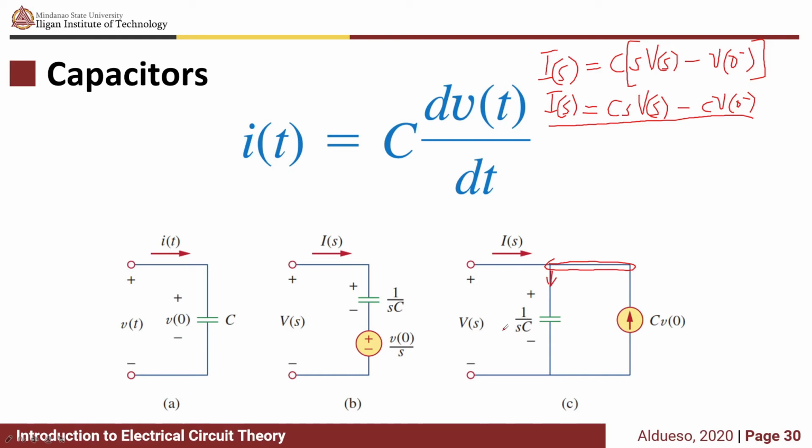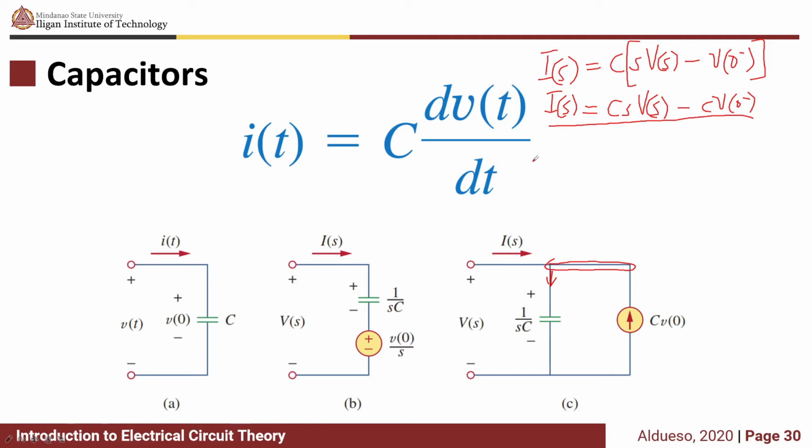The current right here, the capacitor, is equivalent to V(s) over 1 over sC, which is this term, minus, since this is minus, the arrow is going upward, with magnitude of C times v(0-).